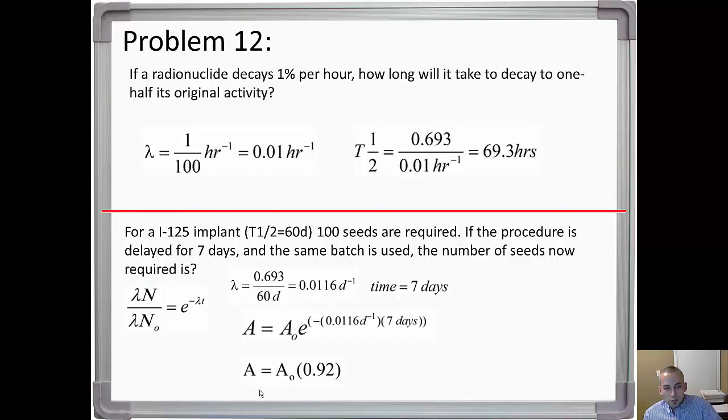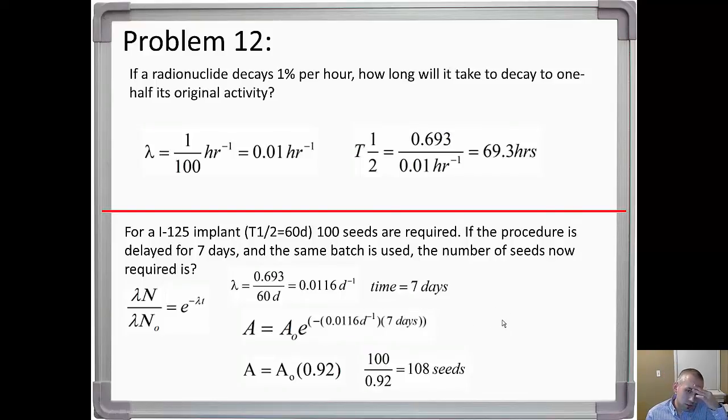If A0 is 100, I know that in this amount of time, the activity would be 92, which would be equal to 0.92. So I set up a ratio. If 100 seeds are required, I would divide it by 0.92. And now I get my total amount of seeds, which is 108 seeds.